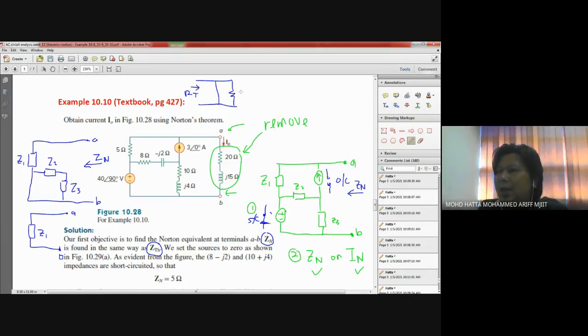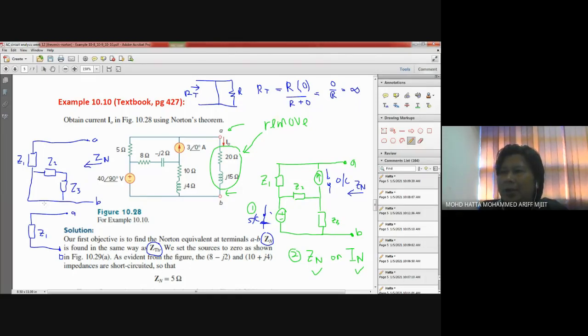Total. Let's say this value is R. Okay, and R total is given by R times 0 divided by R plus 0, and R plus 0, this is 0 divided by R. What? 0 divided by R should be infinity, right?